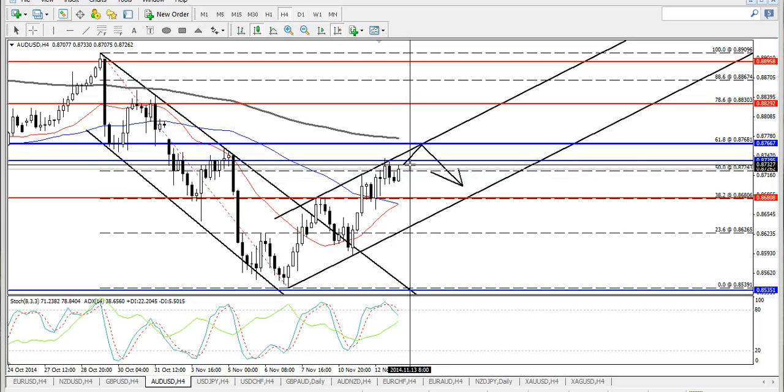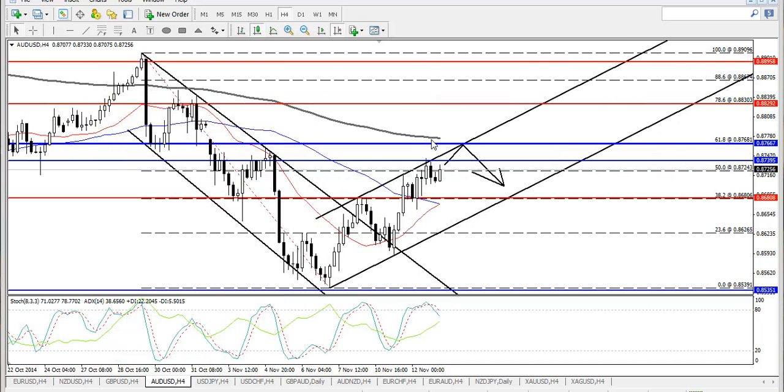It got resisted at one of the exhaustion levels of 141.4%, price of 0.8739, and we do see that it got resisted, but then again, the bear strength is not that strong, and it has yet to touch this retracement level of 61.8%, where the 200 moving average coincides.